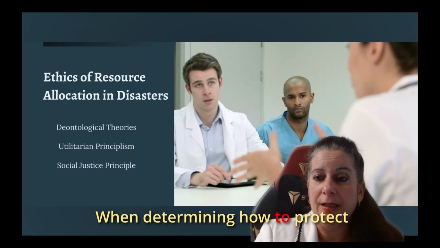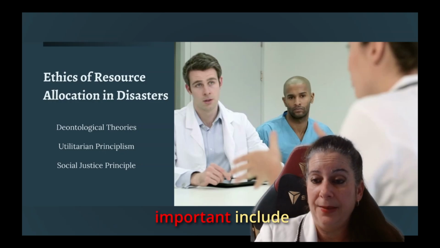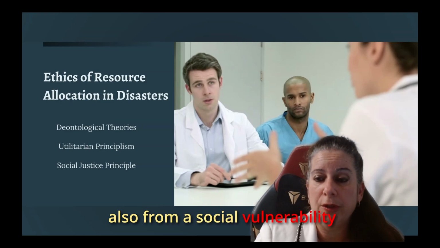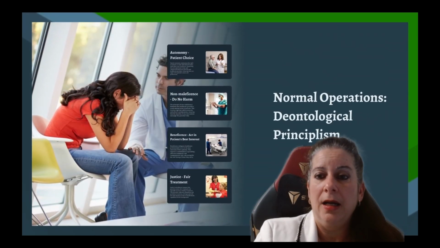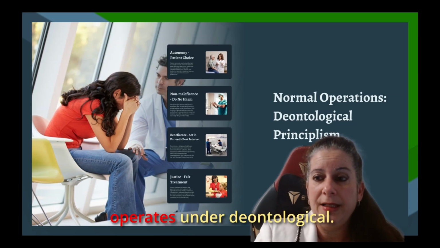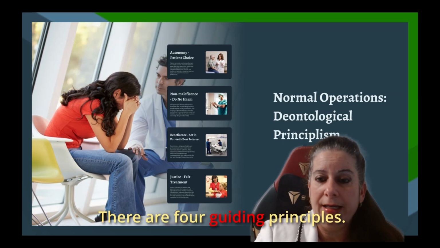When determining how to protect healthcare, ethical considerations are paramount. The theories that I have identified as important include deontological and utilitarian, and also from a social vulnerability perspective, social justice principles. Under normal hospital operations, medicine typically operates under deontological ethics. There are 4 guiding principles.